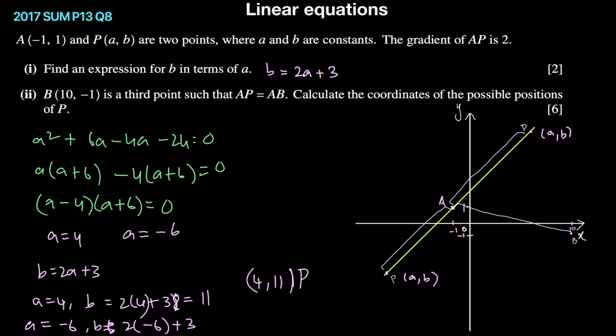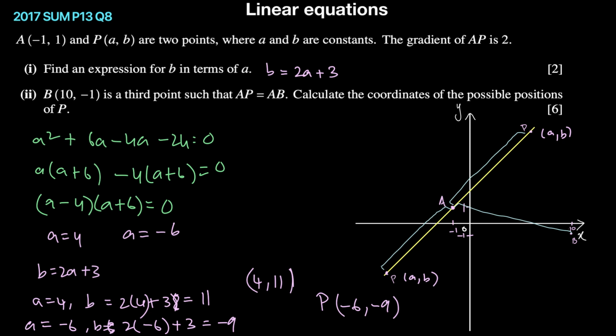That's minus 12 plus 3, which is minus 9. So the other possible coordinates of P are (minus 6, minus 9). Those are our two possible sets of values for the coordinates of P.